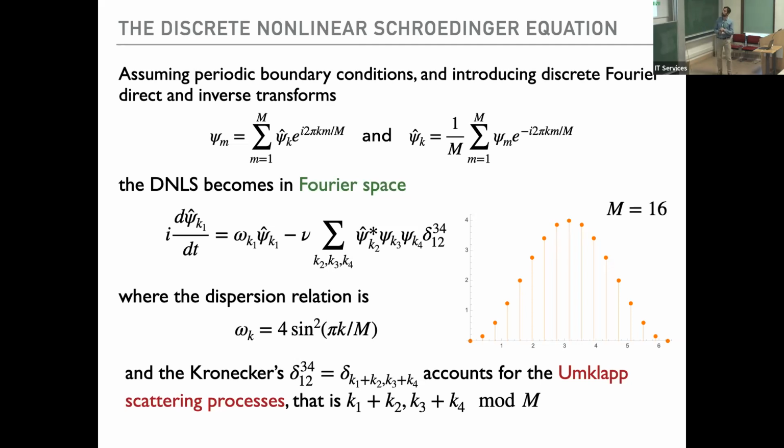When you go to Fourier space, the equation becomes this one. It tells you that the normal mode k1 will evolve according to its normal angular frequency, omega of k1, where omega of k is the dispersion relation that depends on the mode k.